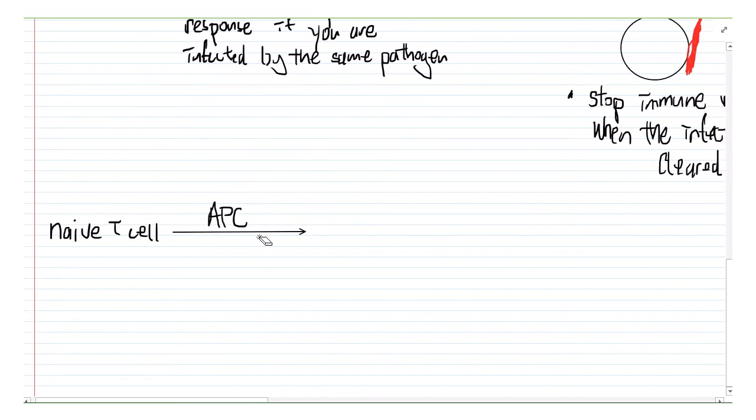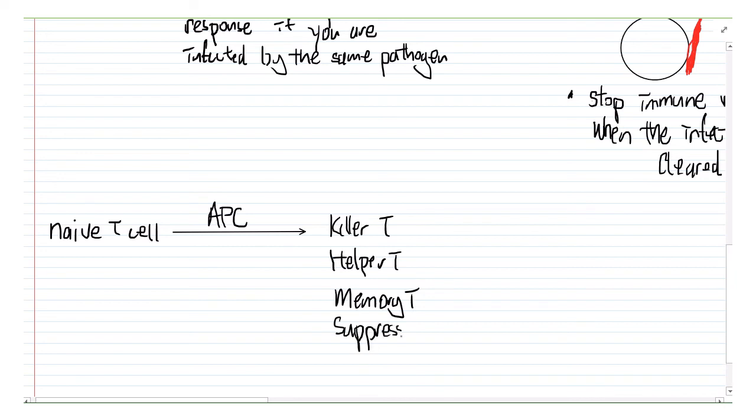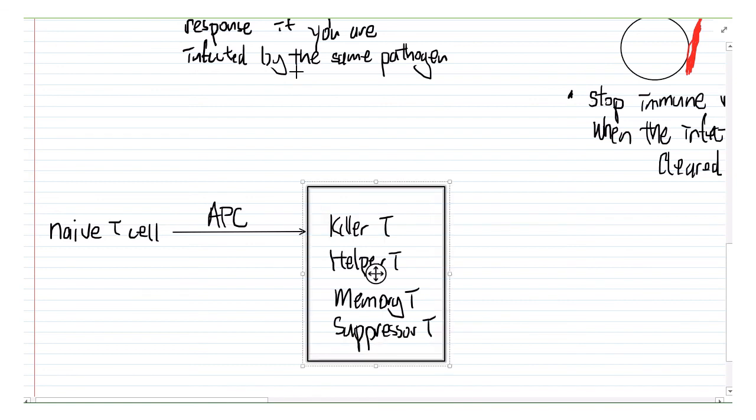Once you have been activated, once you have been chosen by an APC, then you could become the killer T cell, the helper T cell, the memory T cell, or a suppressor T cell. All these cells are called effectors. So if I ask you what are the effectors of naive T cells, they are it.